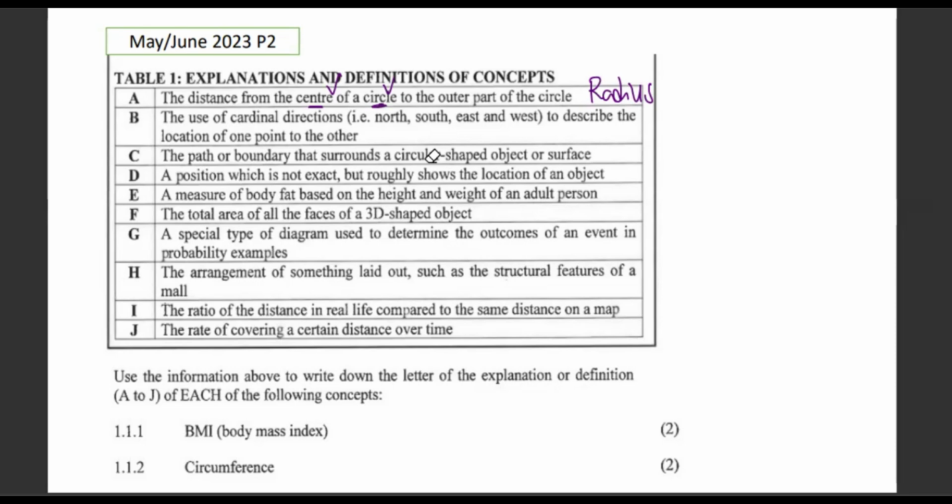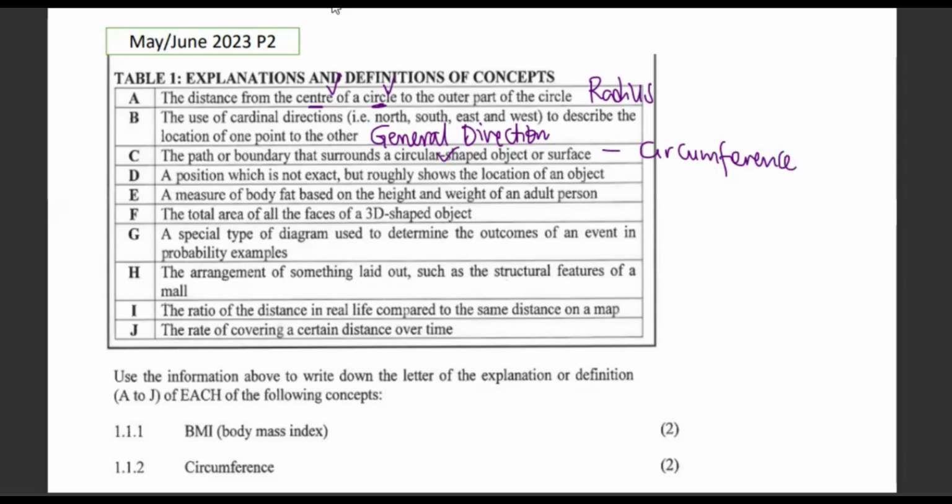The use of cardinal directions, north, south, east, west, to describe the location of one point relative to another, this could have been general direction. The path or boundary that surrounds a circular shape is circumference.